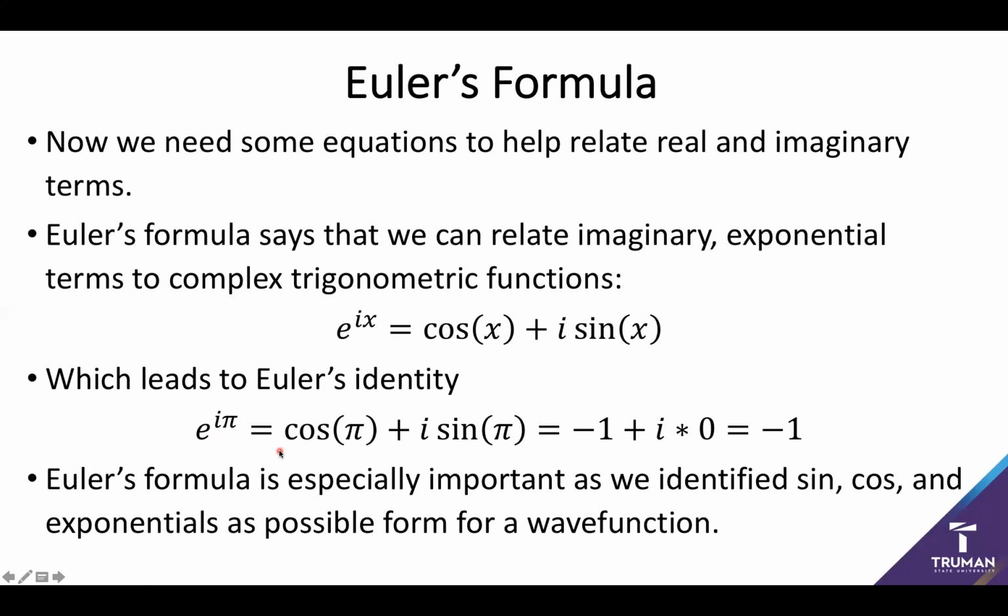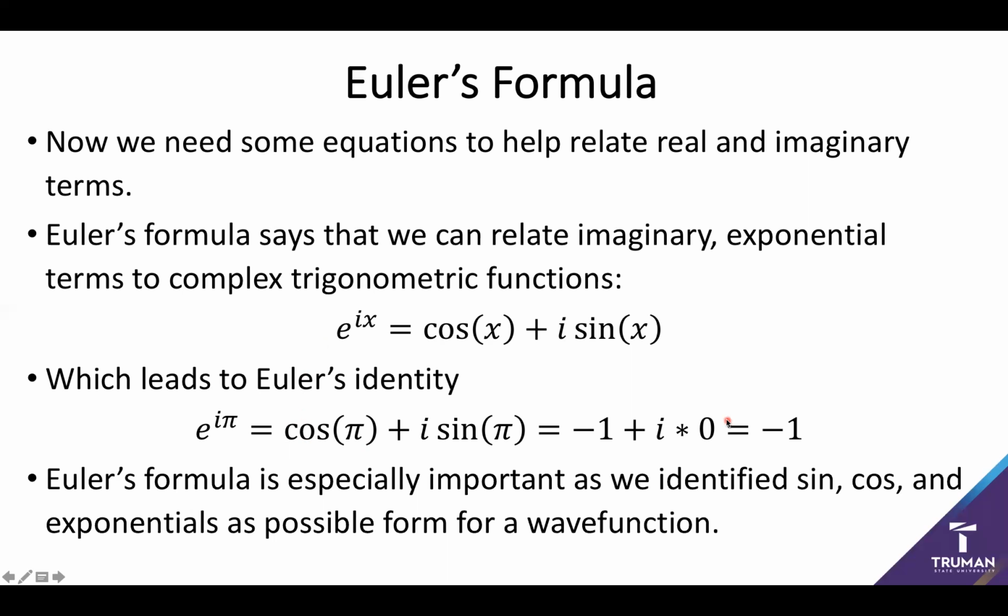One of the reasons why we're going to spend a lot of time with Euler's formula, and to a lesser extent Euler's identity, is because we've identified 3 potential solutions for a wave function due to the constraint that we need something that returns itself when we apply a second derivative.